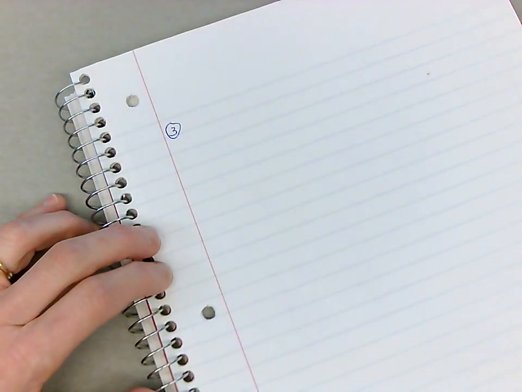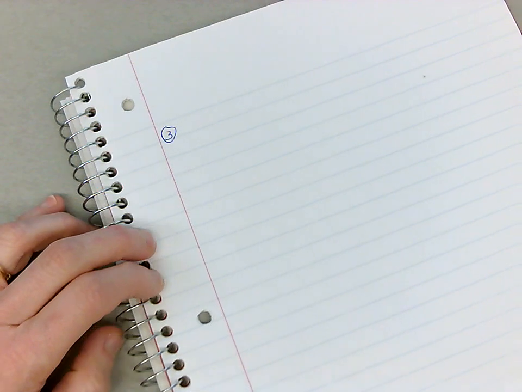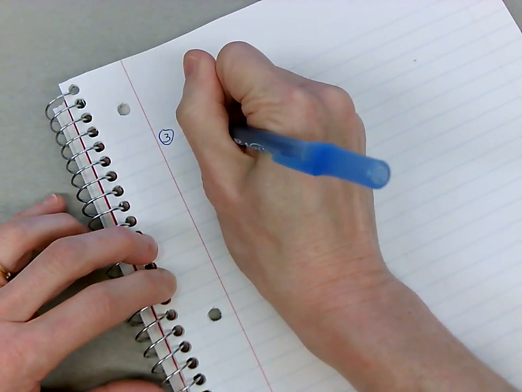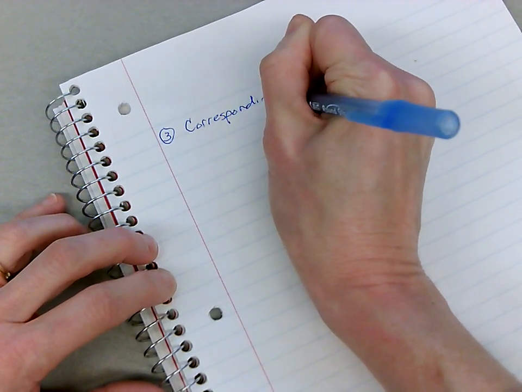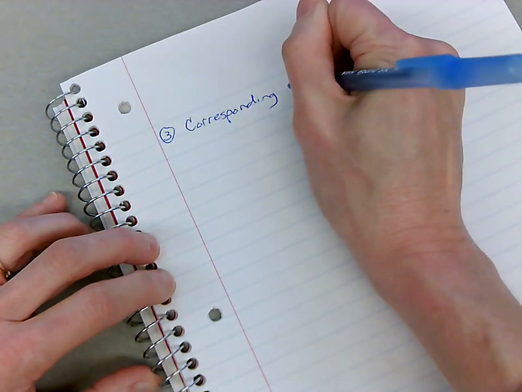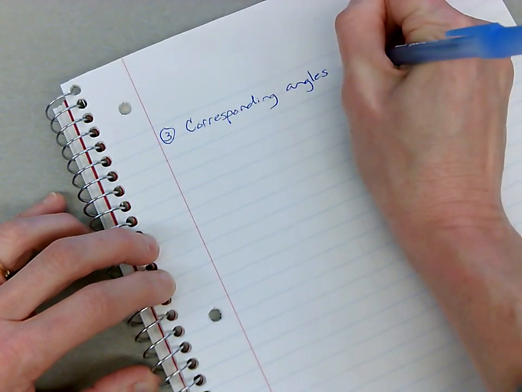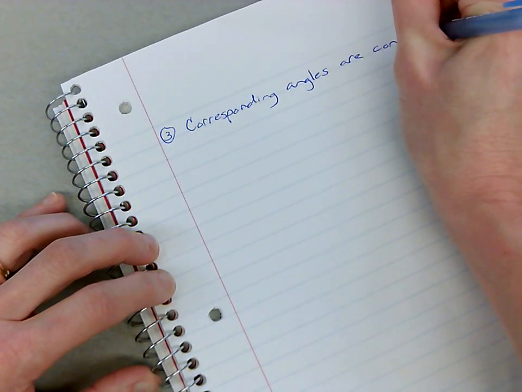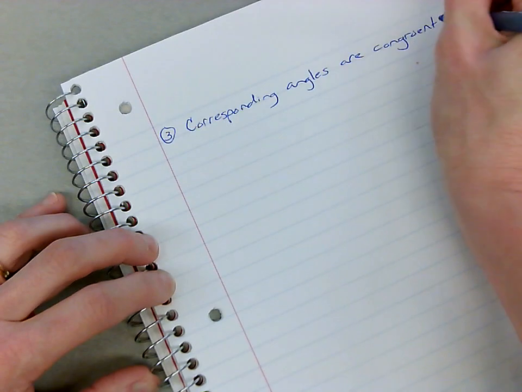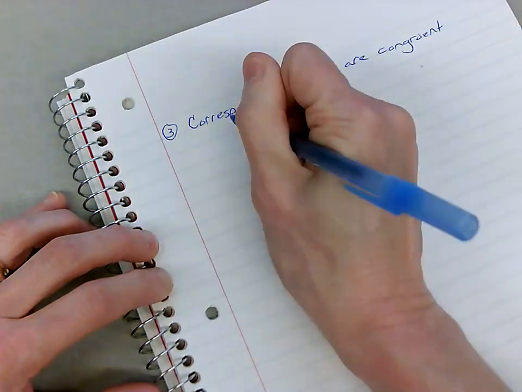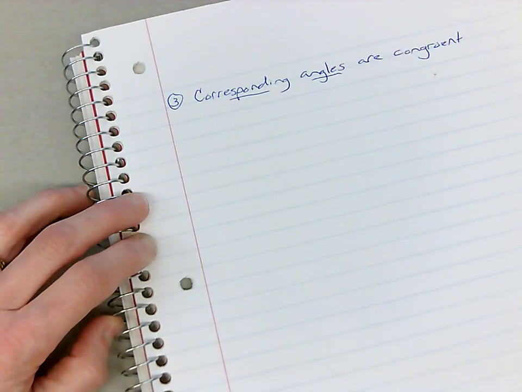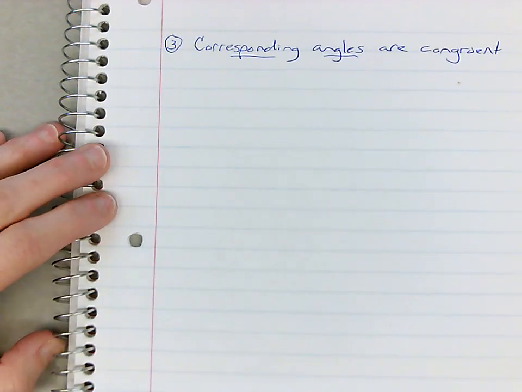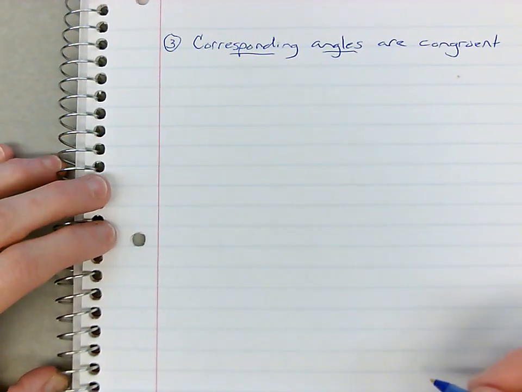Okay, the third item, a third characteristic for similar figures, is that corresponding angles are congruent. Corresponding angles are congruent. So I'm going to draw some triangles again.